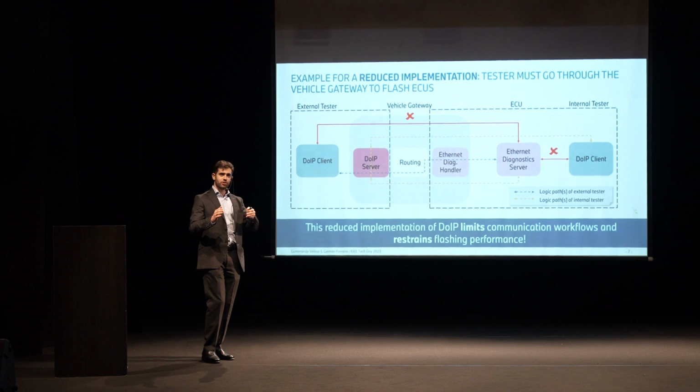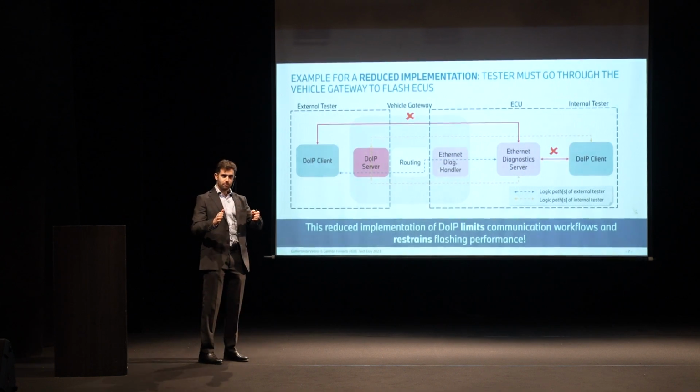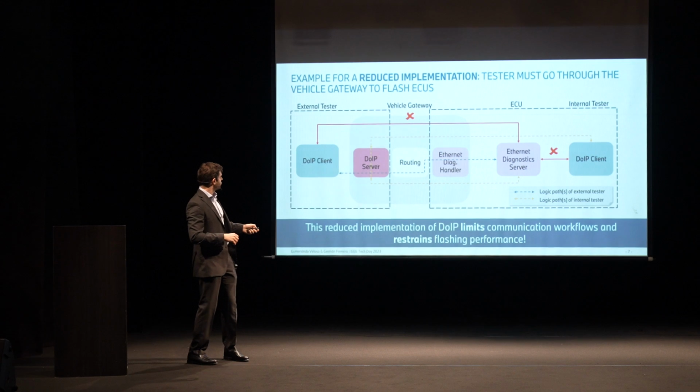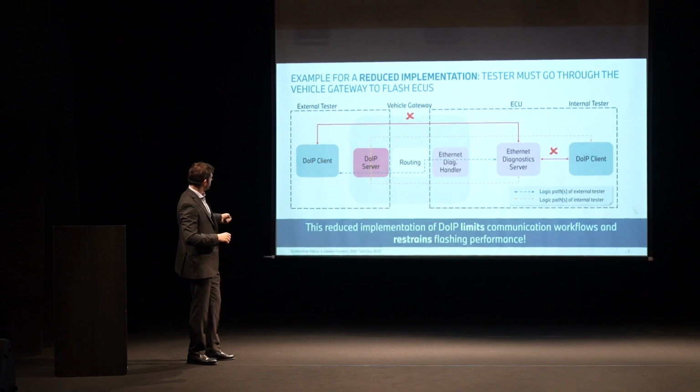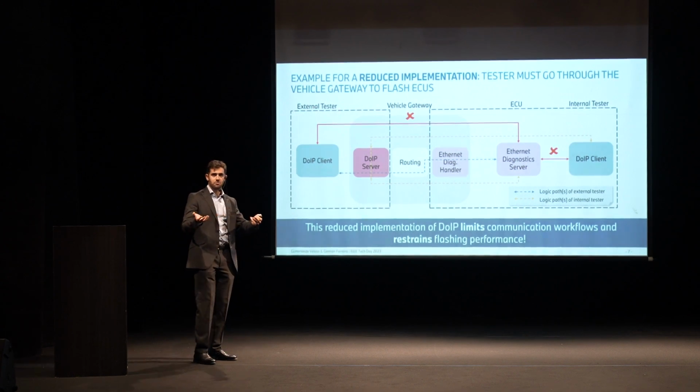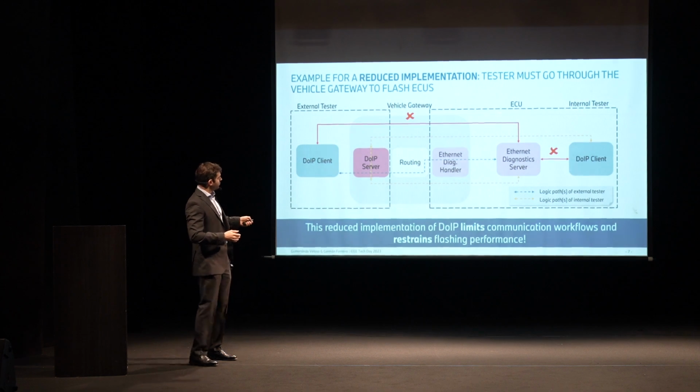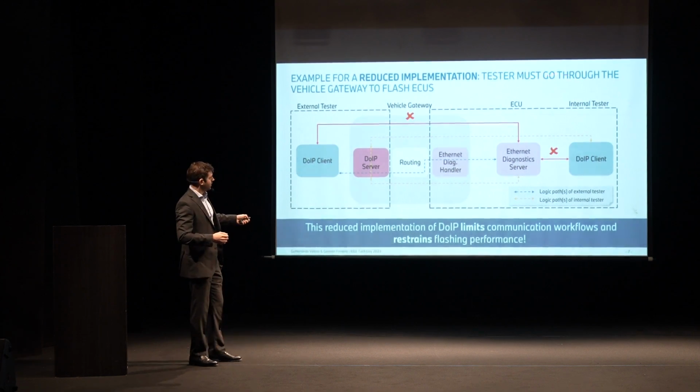Now you will see the architecture, instead of being vertically presented, it's now horizontal. So you will find at the left side the external network, which is now reduced to just the external tester. And on the right side, you will find the ECU to perform this flashing scenario, and also an internal tester.